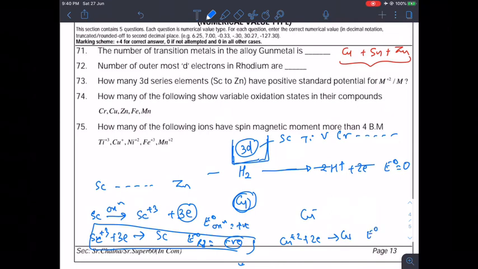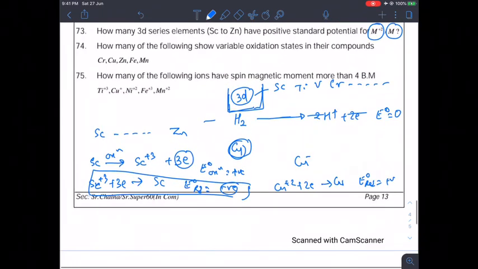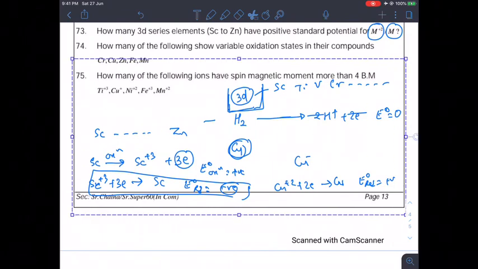So E naught reduction, which is what they are asking, for M2+ to M, is positive. So the correct answer will be only copper. Only one element has a positive E naught reduction value.